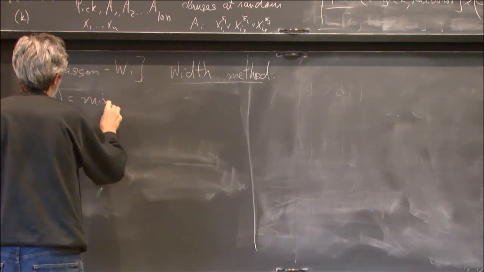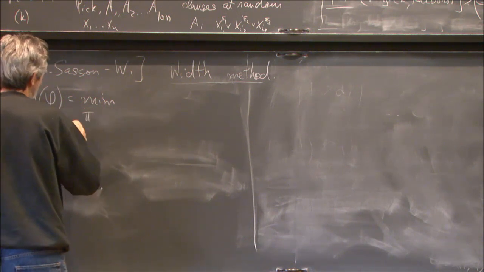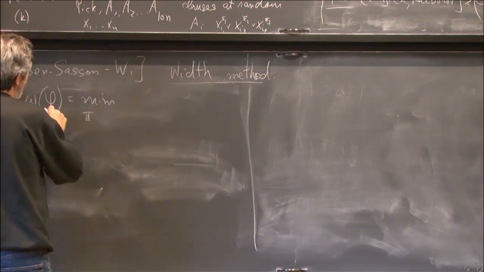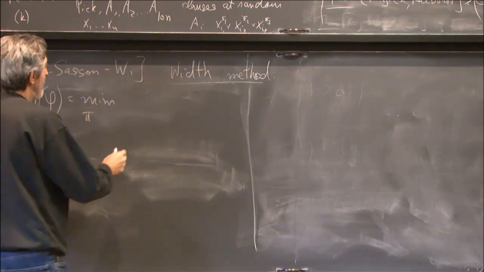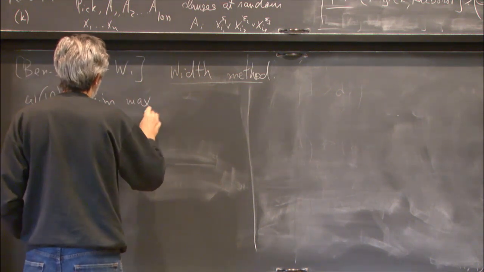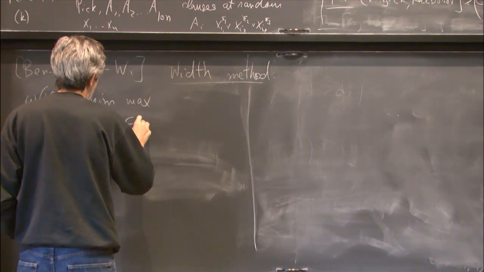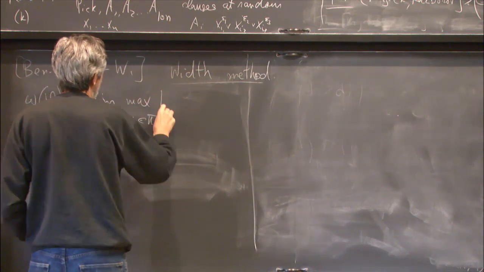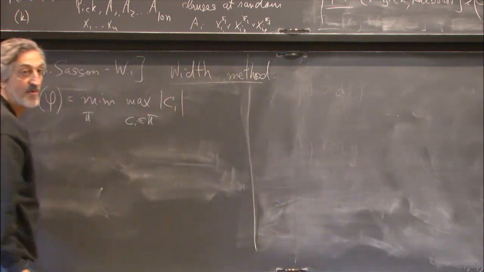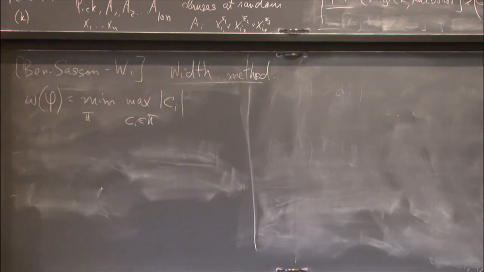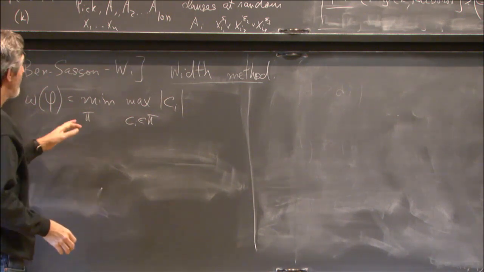The width of a proof of phi is the minimum, over all resolution proofs pi of phi, of the maximum over clauses Ci in pi of the number of variables in Ci. So you try to find the proof in which all the clauses are short, narrow.